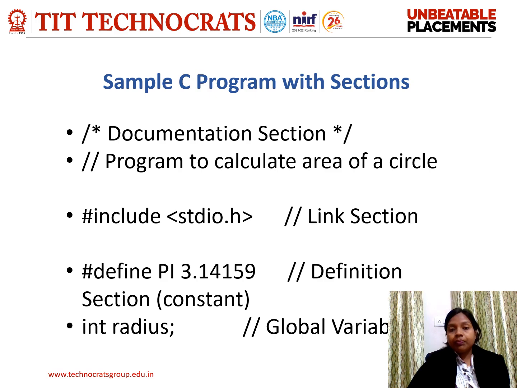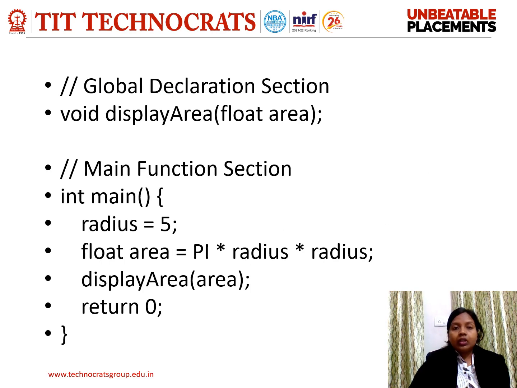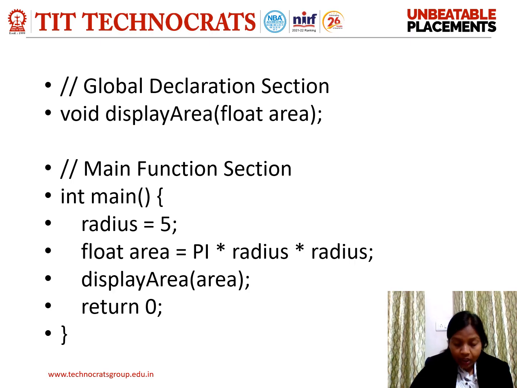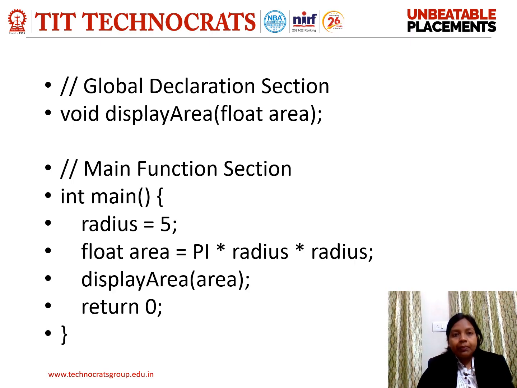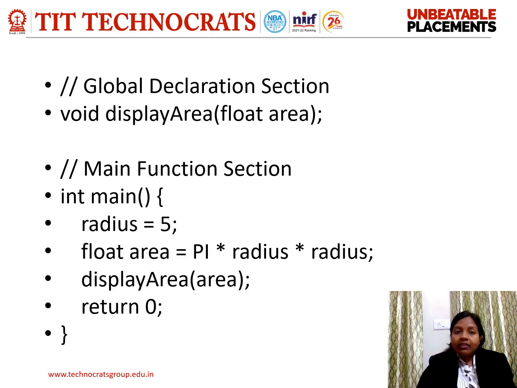Third, we have int radius. What does it mean? What is the variable name? Radius. What is the data type of that variable? Integer. This is a global variable. Next, void display area. What is the function name? Display area. Is it returning any value?